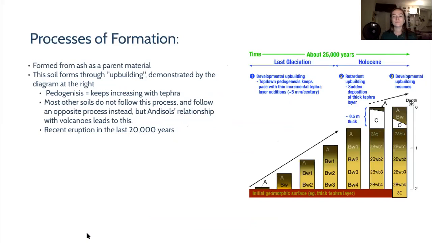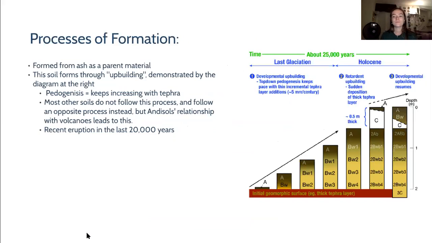So the parent material is volcanic ash, and the process of making an andisol is upbuilding pedogenesis, which keeps increasing a new layer or new horizon every time a volcano erupts in the area. It is different and unique from other soils because it's like the opposite process of a top-down process.